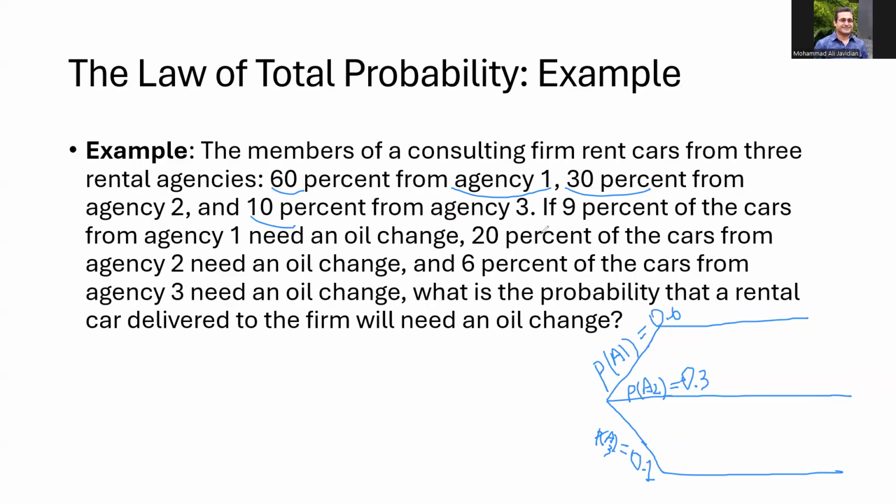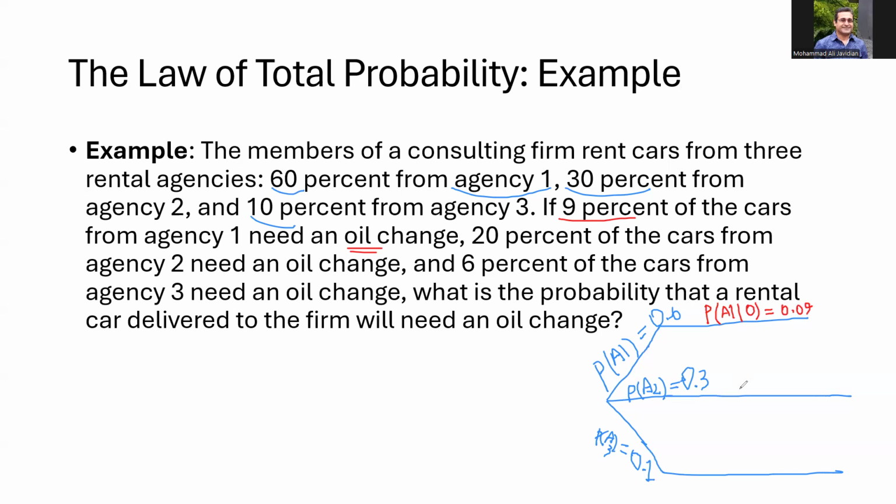So what we want to do is, we know that 9% of the cars from agency 1 need an oil change. Okay, the main thing is oil changing. So for the first branch, we know that P of O given A1, the probability that we need the oil change, equals 9%, 0.09.